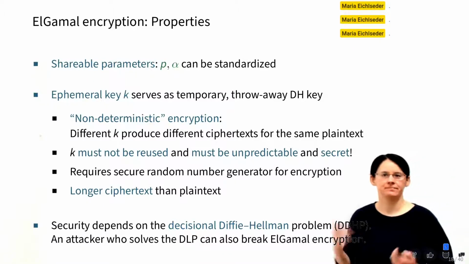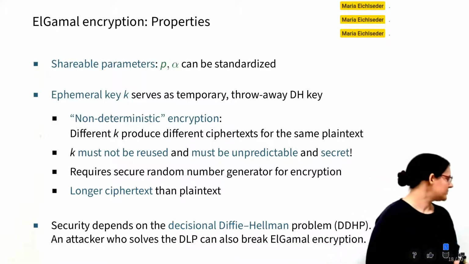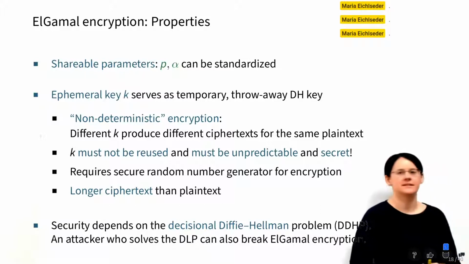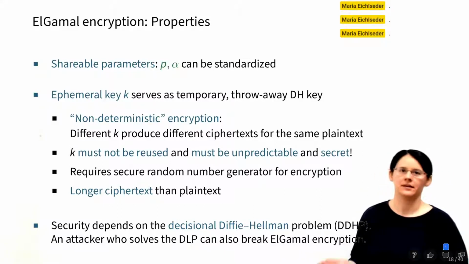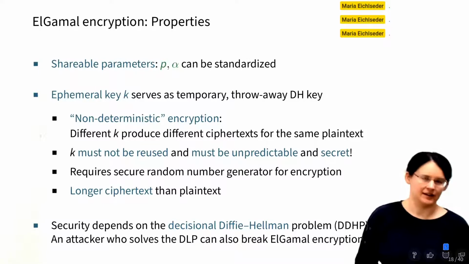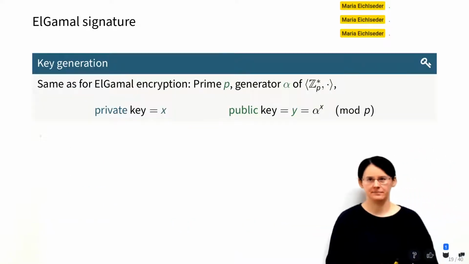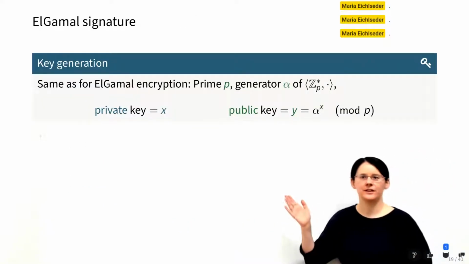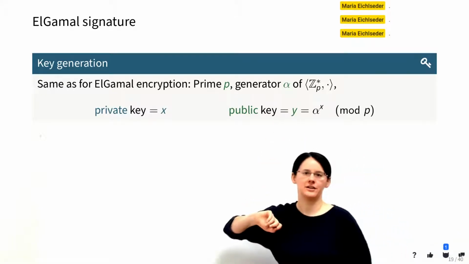Okay, so this is in any case an encryption scheme that is based on the same ideas as Diffie-Hellman. We can also make this into a signature scheme, but this is unfortunately quite a bit less elegant. Let's have a look at it anyway. So the key generation, I've now written it down in a similar notation as last week.